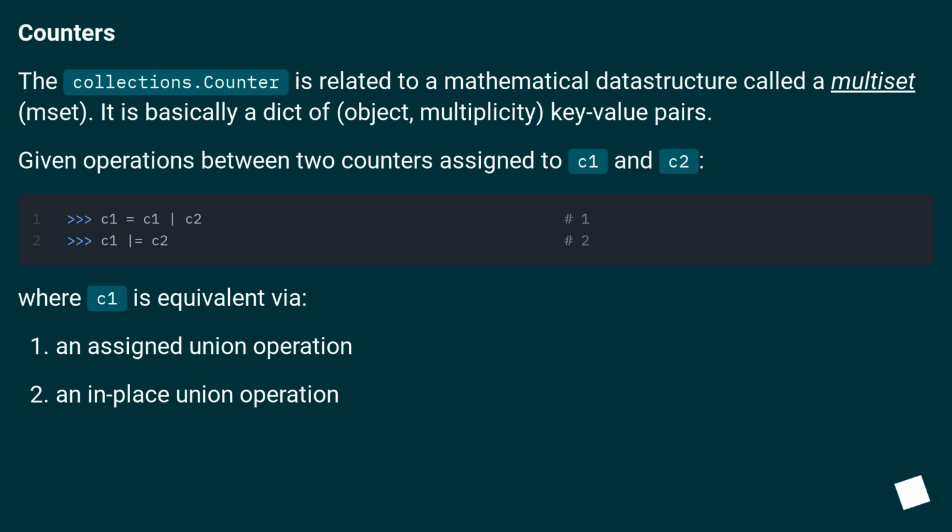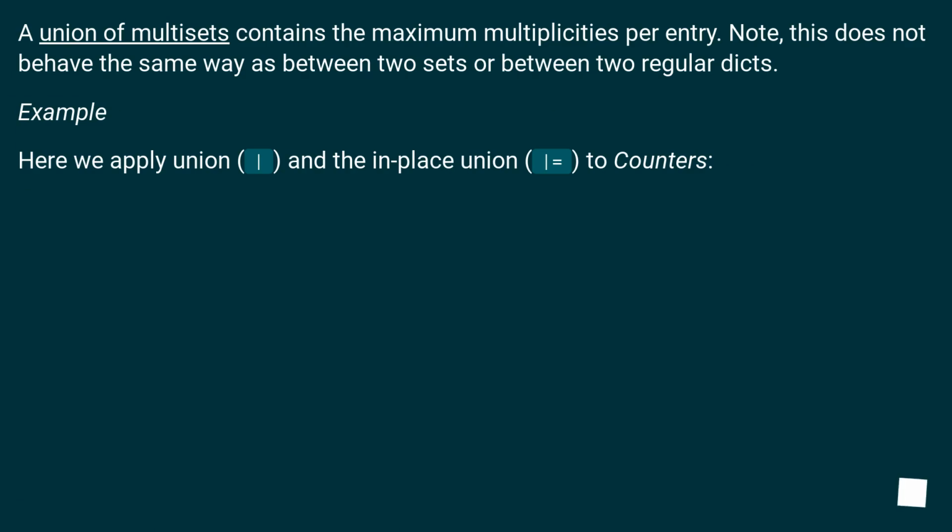Counters. The collections.Counter is related to a mathematical data structure called a multiset. It is basically a dict of object-multiplicity key-value pairs. Given operations between two counters assigned to c1 and c2, where c1 is equivalent via an assigned union operation or an in-place union operation, a union of multisets contains the maximum multiplicities per entry.